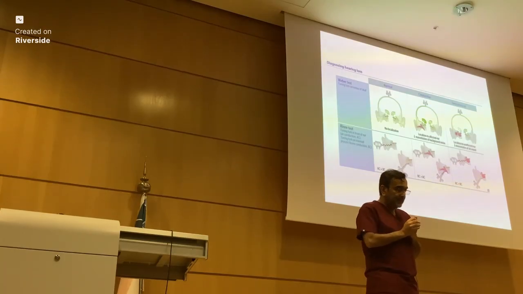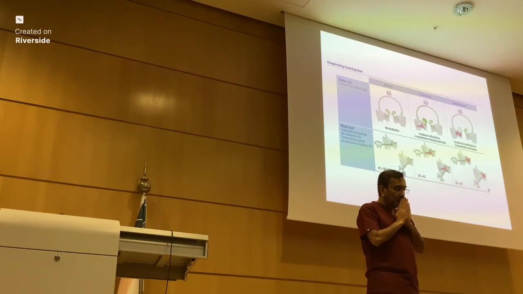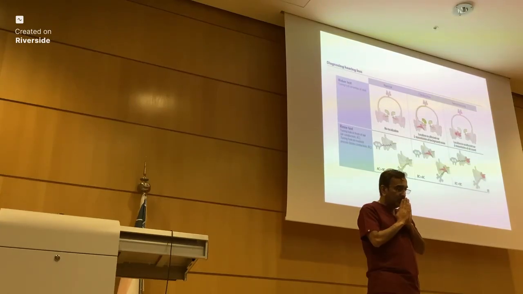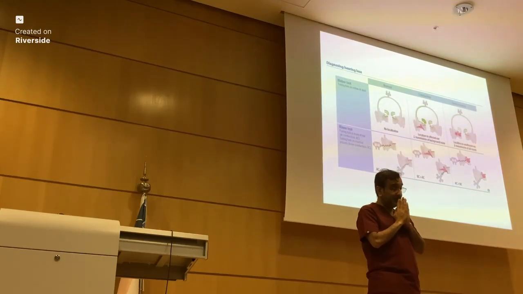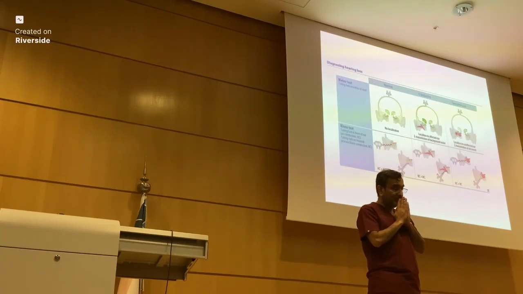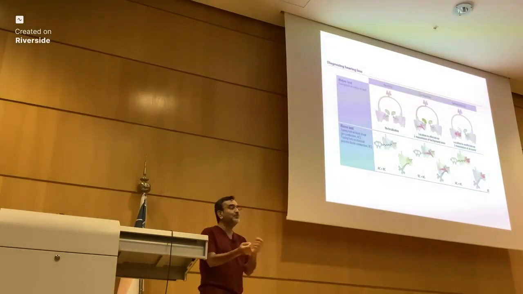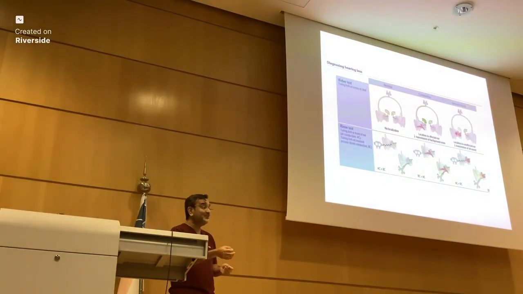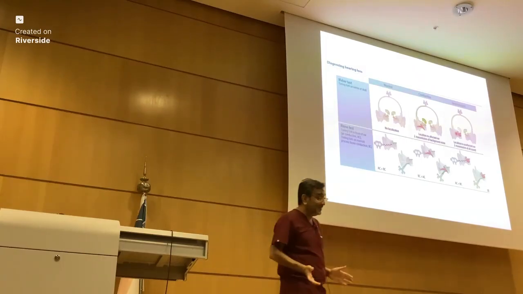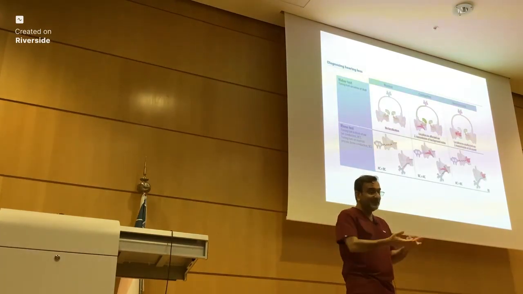Okay, in this specific case of conductive hearing loss, you notice the conduction would be more in the affected ear. You would hear better in the affected ear. But for the sensorineural, the normal side would hear better.